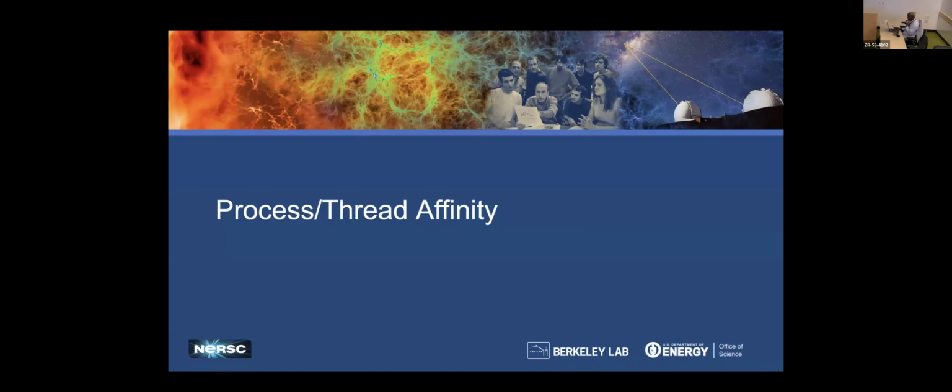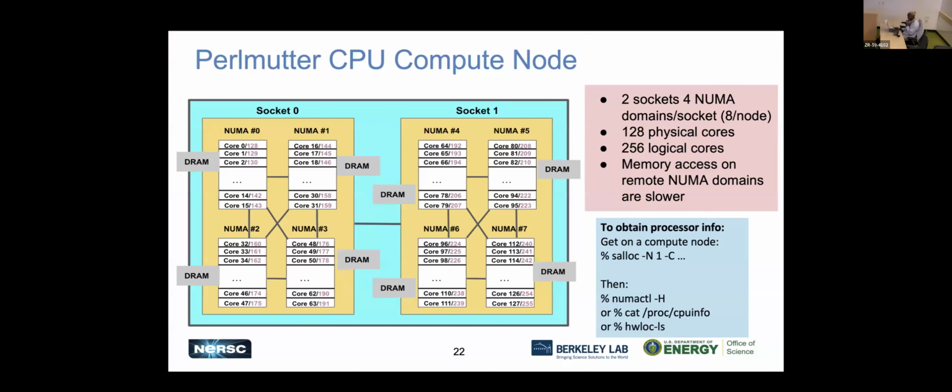All right. If you are not familiar with the hierarchy of large-scale compute systems, you might need to take a moment and look over this a little bit. Our CPU compute nodes are organized into 2 sockets with 4 NUMA domains each, so that's about 8 per node.